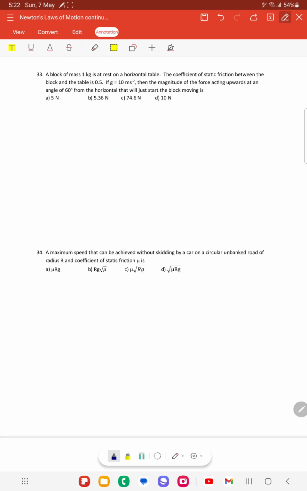Question number 33. A block of mass 1 kg is at rest on a horizontal table. The coefficient of static friction between the block and the table is 0.5. If g is 10 meter per second square, then the magnitude of the force acting upwards at an angle of 60 degree from the horizontal that will just start the block moving is? So we have a block which is resting on a horizontal table.